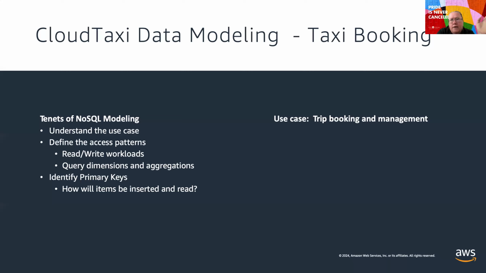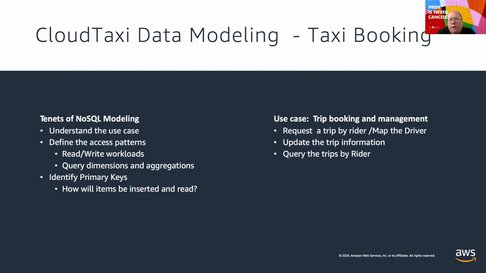Our use case is trip booking and management. The request is by a rider, and there will be mapping of the driver for the request. Then there will probably be updates to trip information. That could be due to traffic. There could be a traffic block that will make changes to the trip information, and that has to be real time.